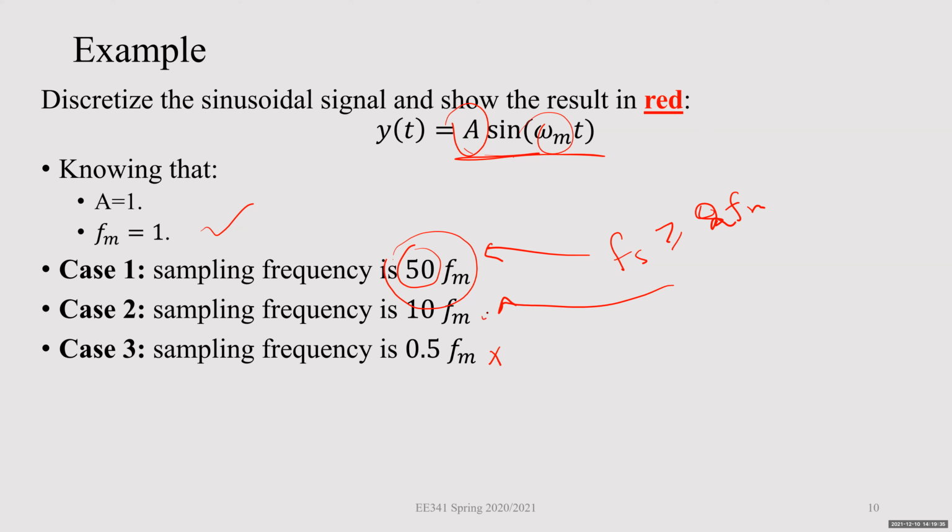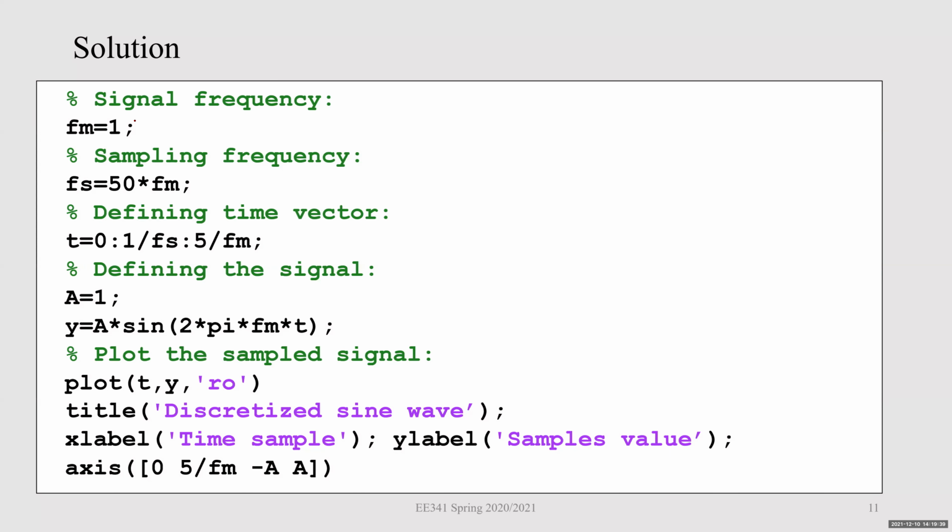Here the number of samples is enough for the reconstruction. So first, I will define the frequency of my signal, then the sampling frequency, then the time scale, then the amplitude, and then I write my signal, then plot the signal. So this is the first point, this is the second point, and this is the amplitude from minus to plus.